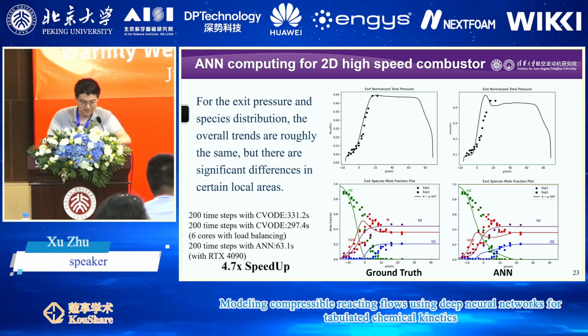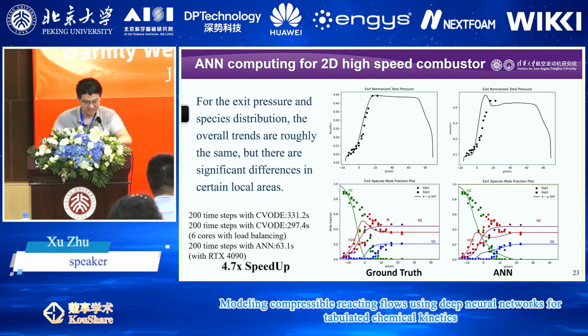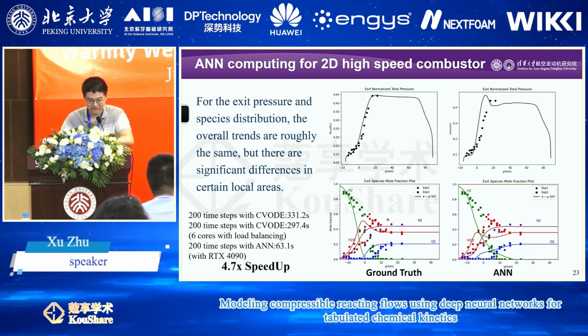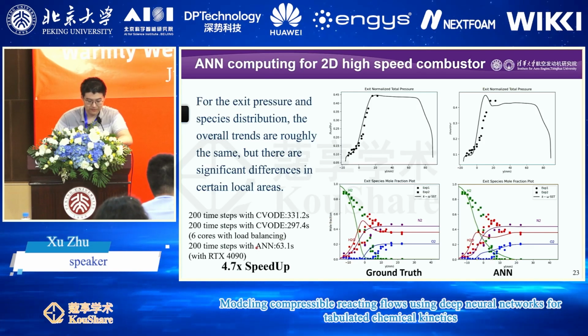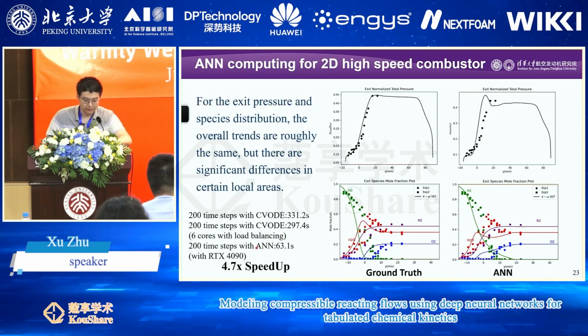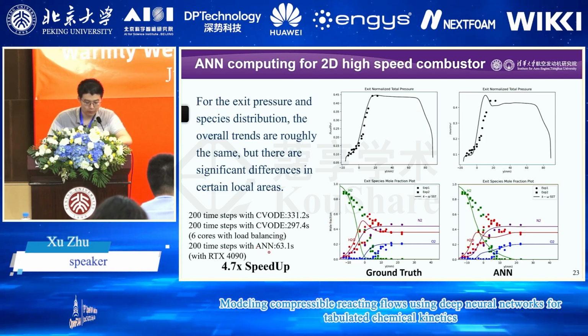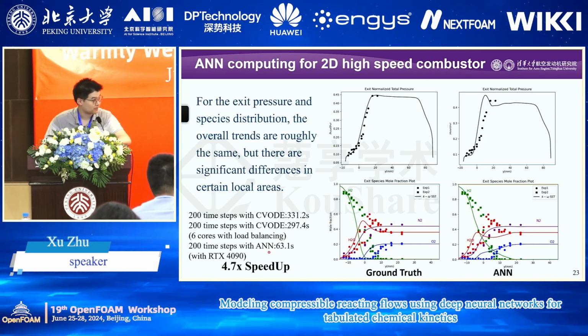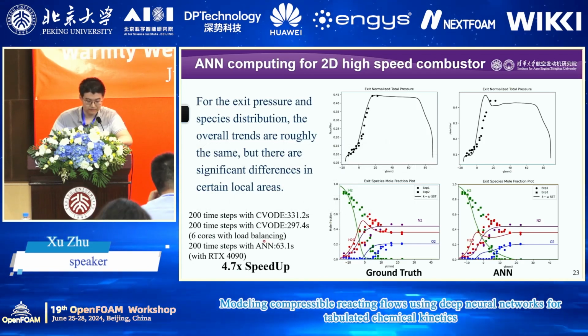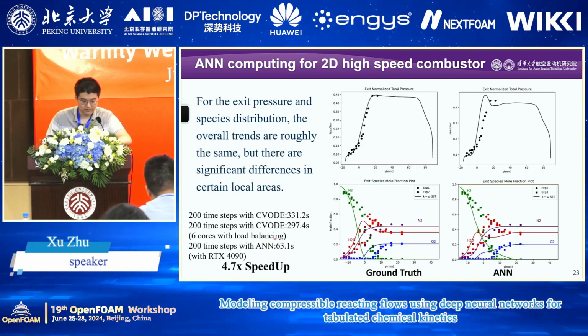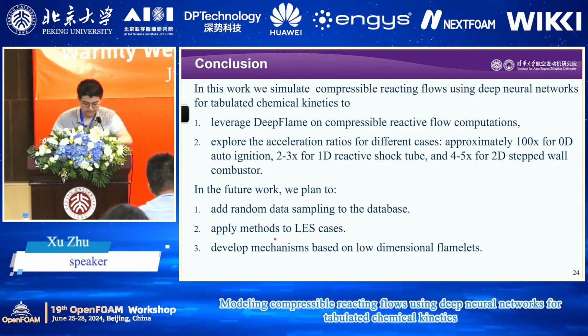Anyway, we still get a speed up as long as you adopt the ANN method. Compared to the 6 cores with load balancing ODE result, there is a 4.7 times speed up for this case. And if you turn off the load balancing for CVODE, there will be a 5 times speed up.